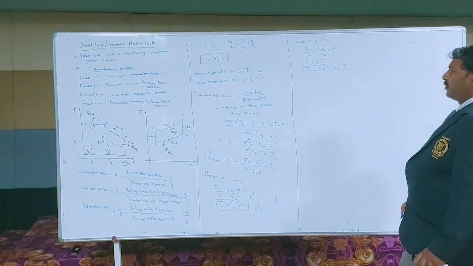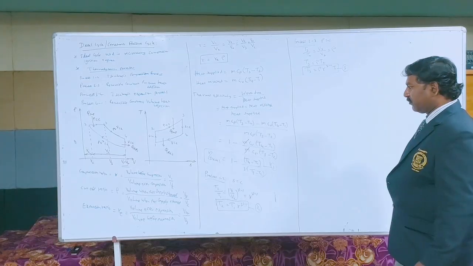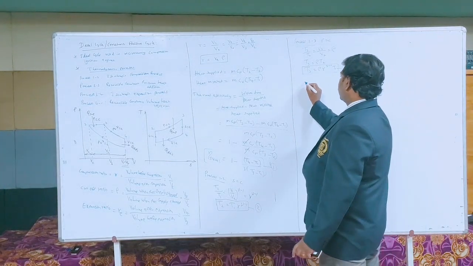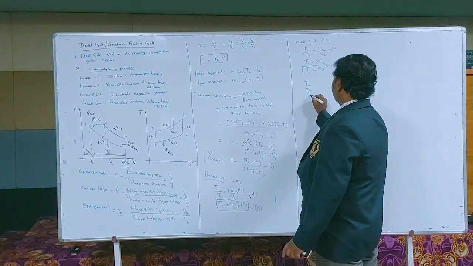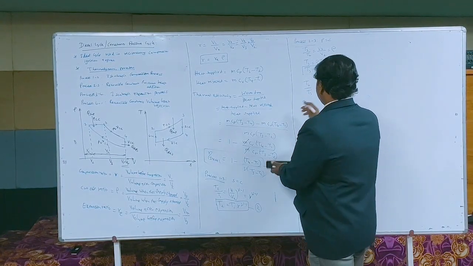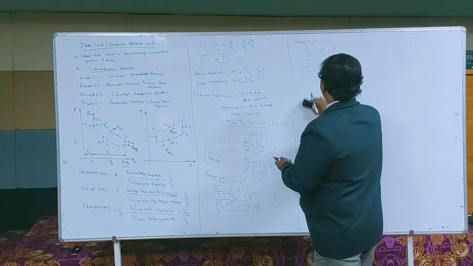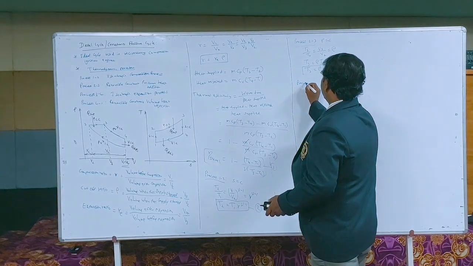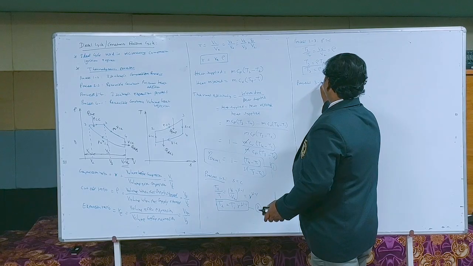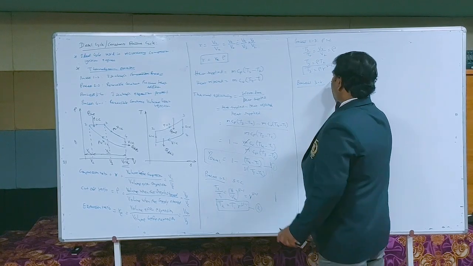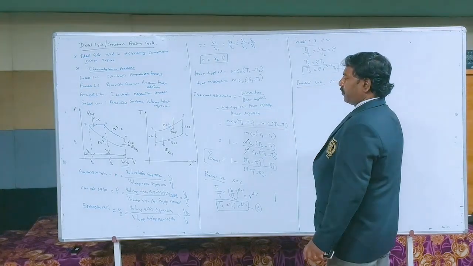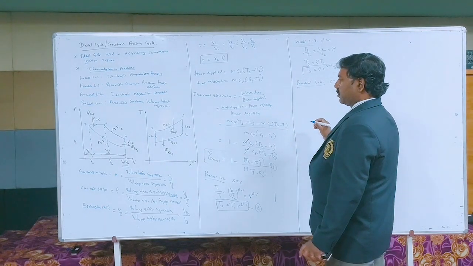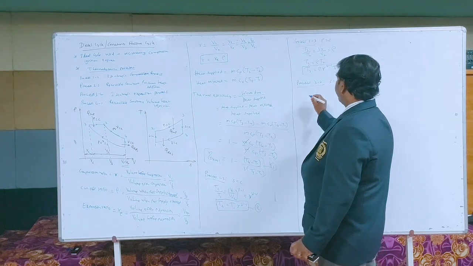Then we have to write T4 in terms of T1. So, T4 by T3, this is for the process 3 to 4. The process 3 to 4 is an isentropic process. We can write the PVT relationship for an isentropic process between temperature and volume.